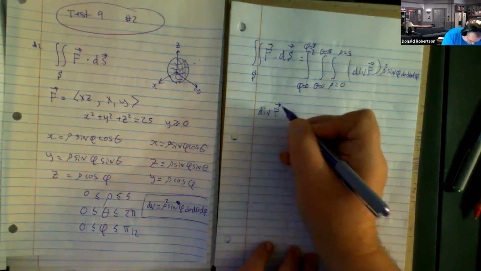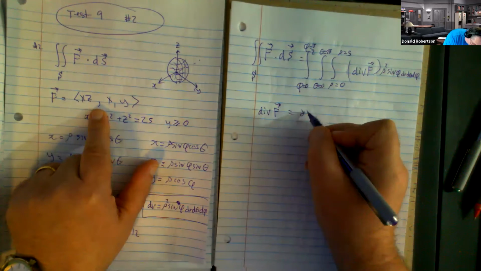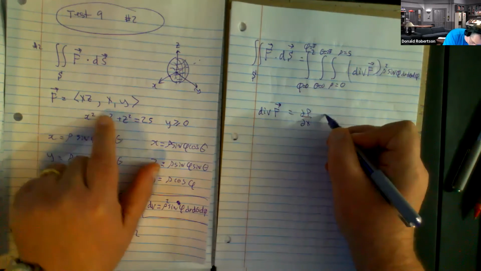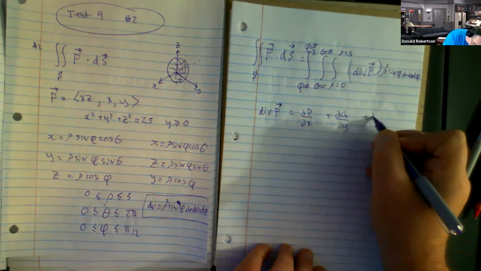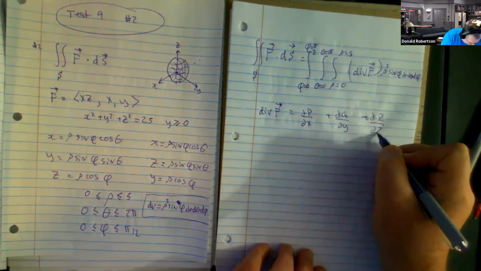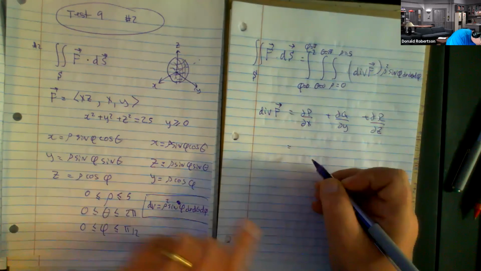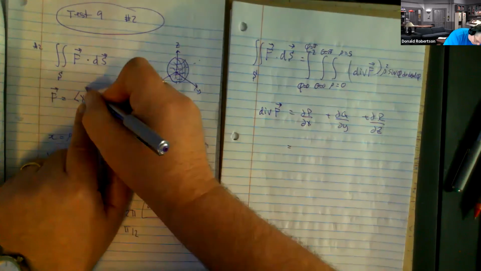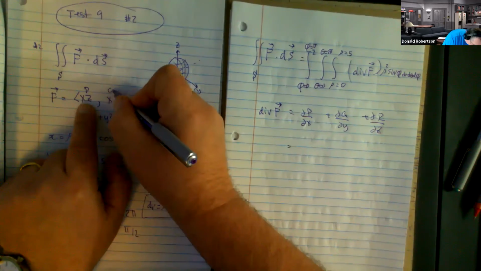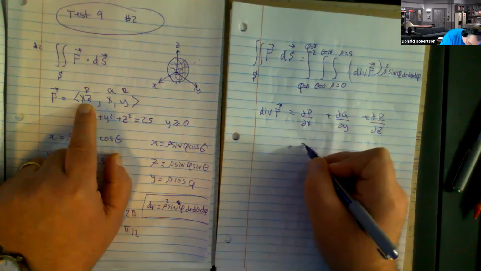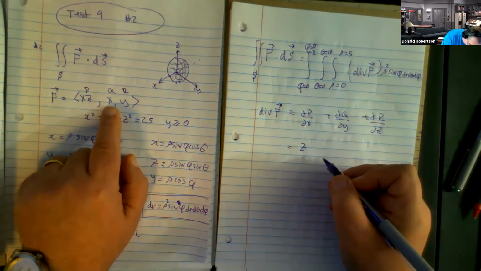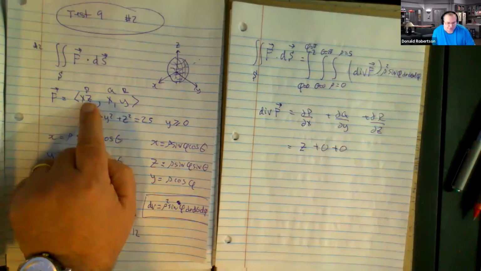So I guess I should find what the divergence is. And if you take this guy, it's going to be dP by dx plus dQ by dy plus dR by dz. And if you differentiate, that's P, that's Q, that's R. That guy gets you z. This guy gets you nothing. And this guy gets you nothing. So it looks like the divergence is just z.